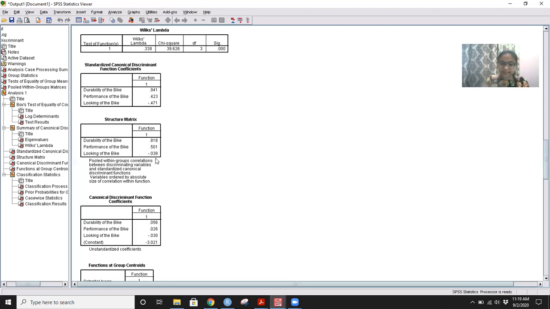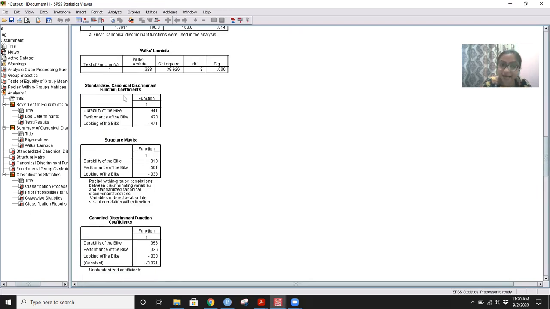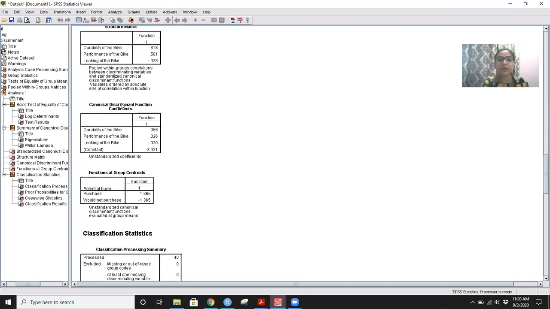These convey the correlation between each independent variable and the discriminant function. The higher the correlation, the higher the importance of that independent variable in explaining the dependent variable. Next we come to the canonical discriminant function coefficients. As I said, the standardized ones I just explained. Now these are the unstandardized discriminant function coefficients.